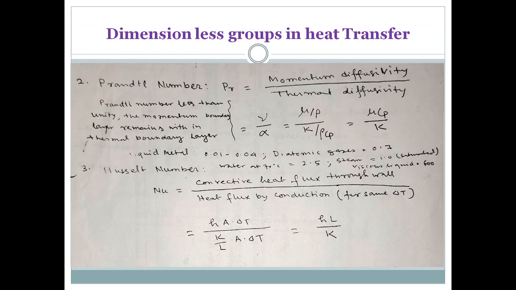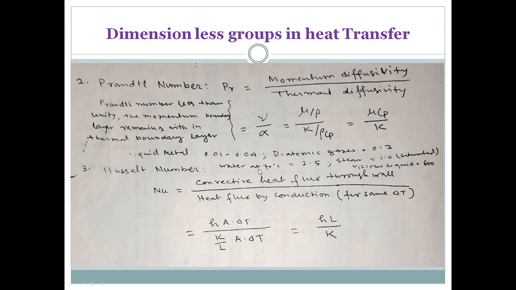For liquid metal, it means high thermal conductivity but low viscosity. So liquid metal generally has a Prandtl number of 0.01 to 0.04. Liquid metals have a very low Prandtl number, and diatomic gases generally have 0.7.